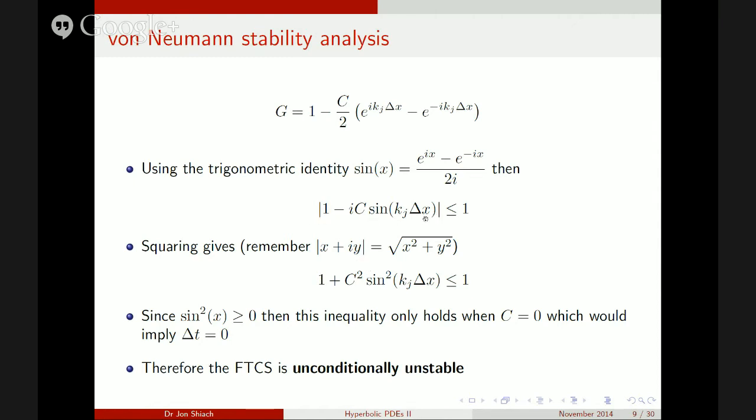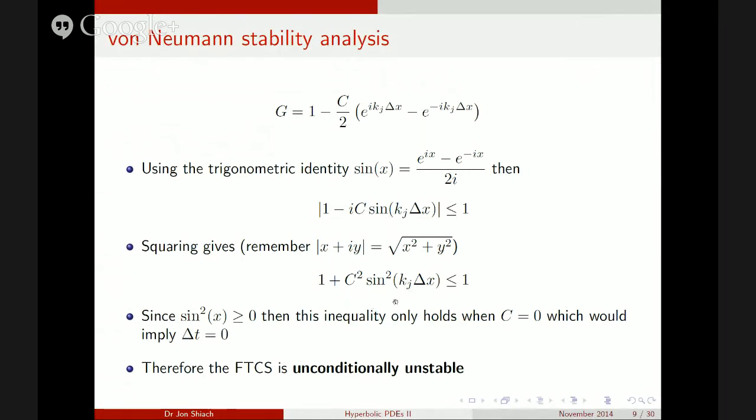If I square both sides, 1 squared is 1 on the left-hand side, and 1 squared is also 1. i squared by definition is -1, but then it's in front of a minus, so that minus becomes a positive. c squared gives me c squared. Sine, whatever that is, gives me sine squared.